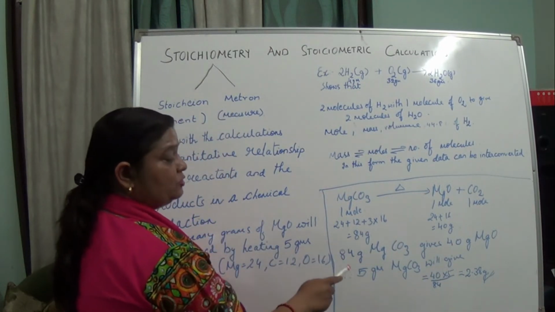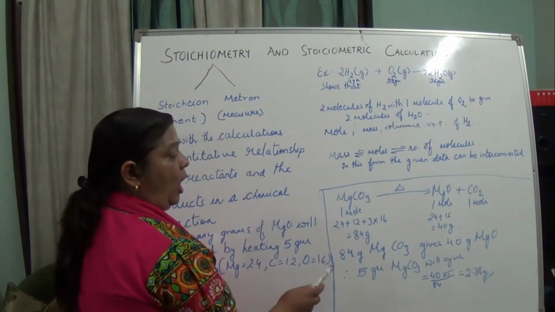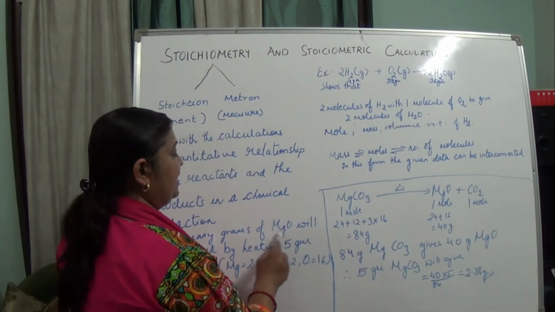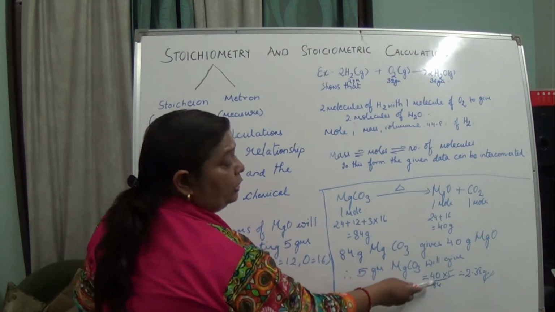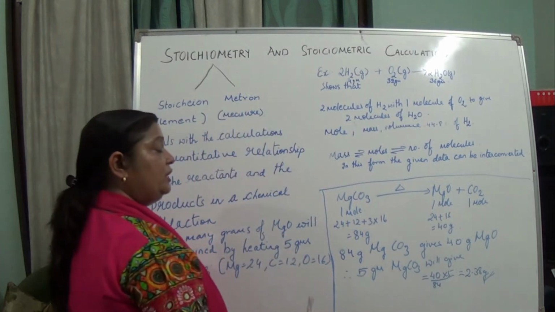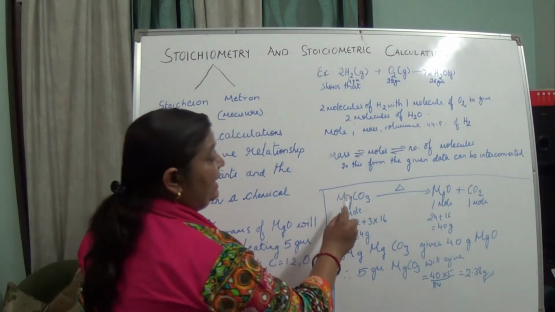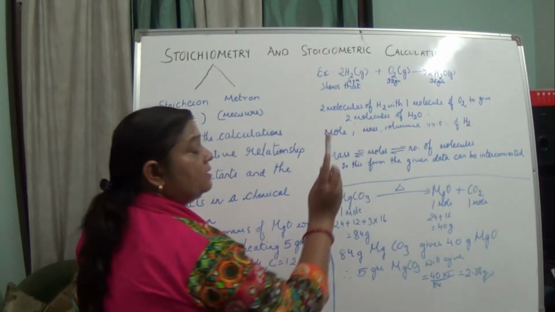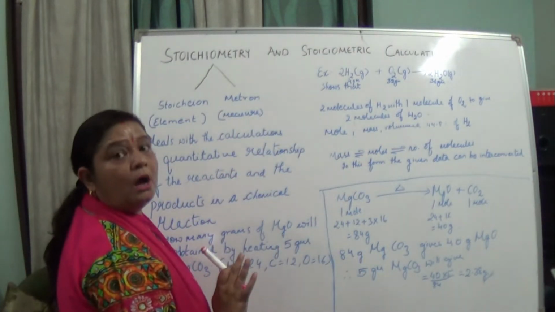So for 5 grams, how much will it be? 5 grams of magnesium carbonate will give how many grams of magnesium oxide? For that you do 40 upon 84 into 5, and you get 2.38 grams. So here you can see we have calculated it using the number of moles and the mass. This has to be taken into account.